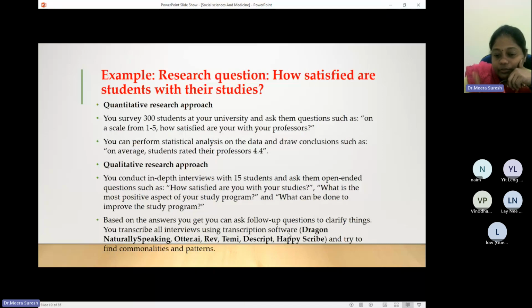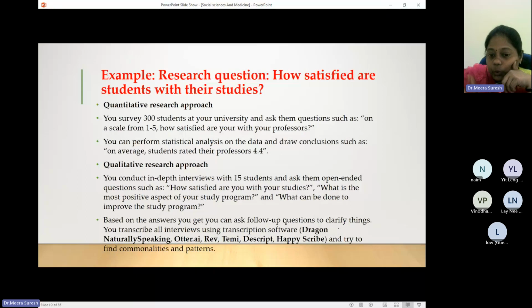Based on the answers, you can ask follow-up questions to clarify things. That's why I said the follow-up questions depend on the answers they have given. So the questionnaire, in the case of a focus group discussion or an in-depth interview, should be an unstructured one. You can add a new question, you can delete a question.